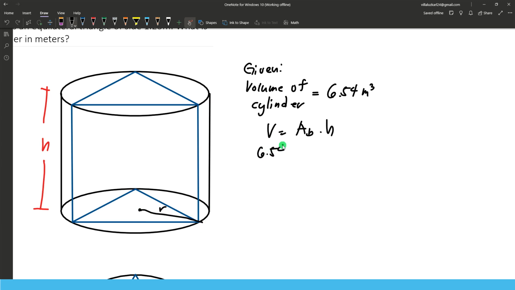So given 6.54 equals pi r squared times h, h is required. So let's determine h. Divide both sides by pi r squared.